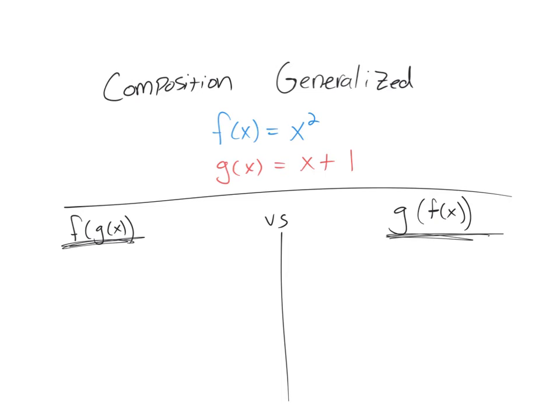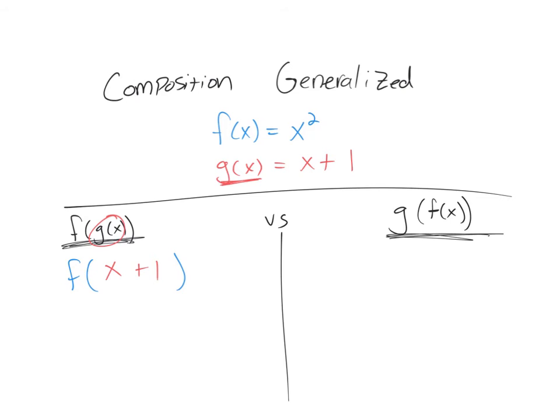So f of g of x is saying that g is inside of f. So it's really saying that if I have an f instead of g of x, we're replacing the stuff that equals g. So we're replacing the stuff inside with x plus 1. And that means in my function f, where there was the x is now going to be x plus 1.